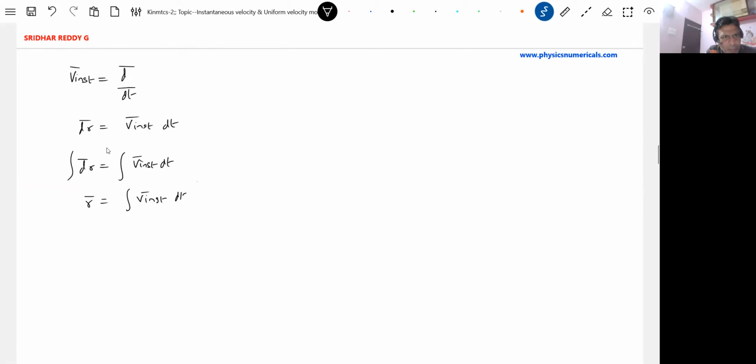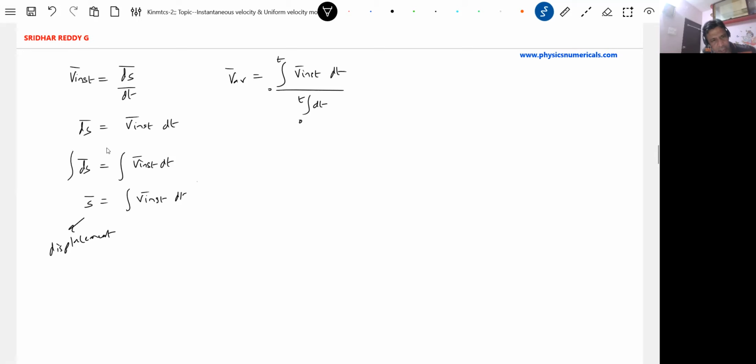In books, usually displacement is taken with a bar. We'll use this typical symbol. So if you know instant velocity, you can calculate the displacement using this formula. Similarly, if you know instant velocity, can you calculate average velocity? Yes, the formula is the same. V average velocity is equal to the integral of V instantaneous dt divided by the time interval. So if you know instant velocity, you can calculate average velocity and displacement.